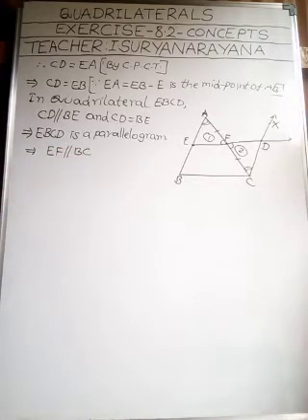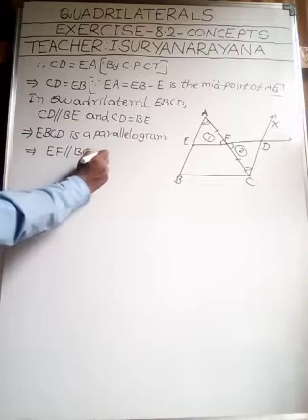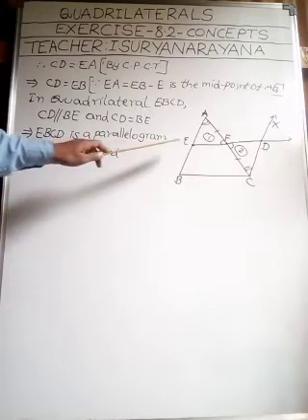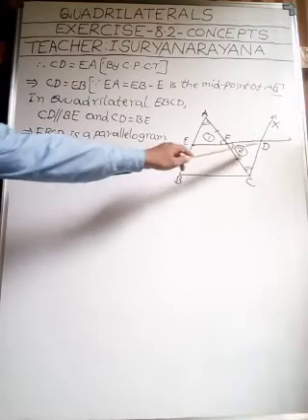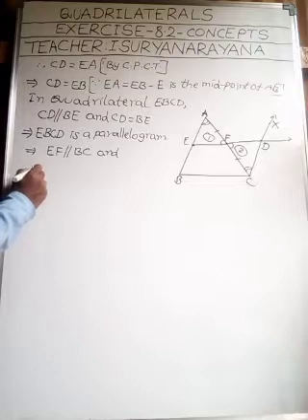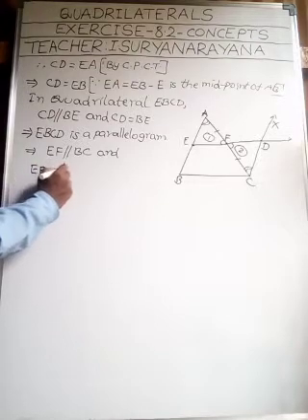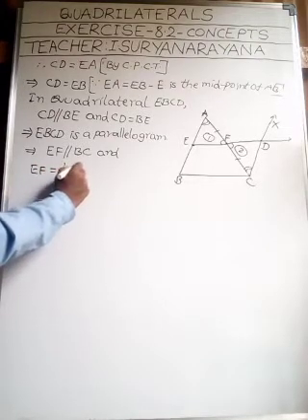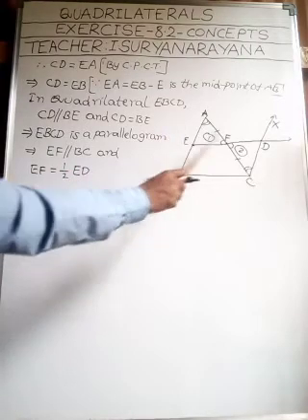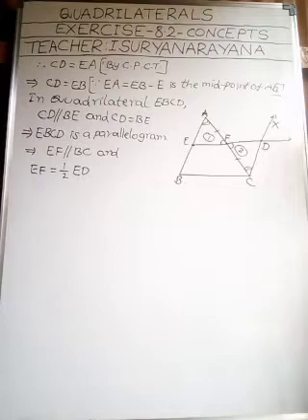EF is parallel to BC, and if you observe here, EF is half of ED. Isn't it or not, my children? EF is equal to half of ED because by CPCT EF is equal to FD.